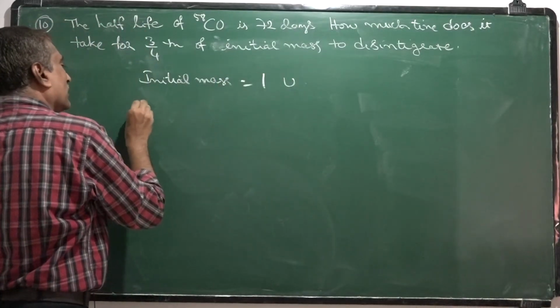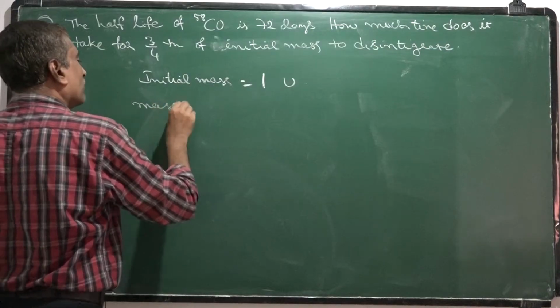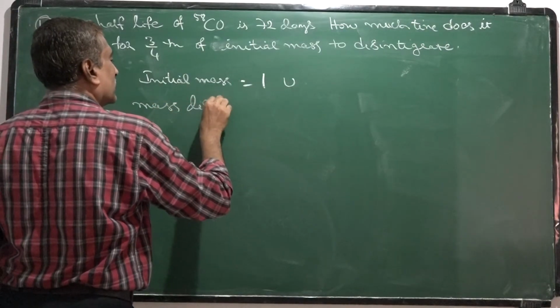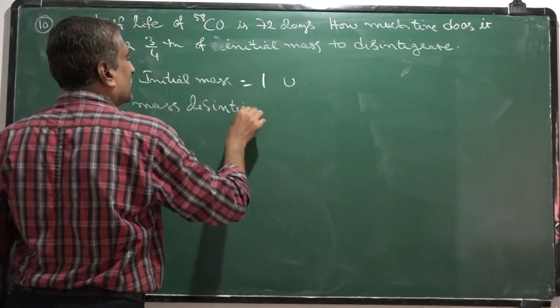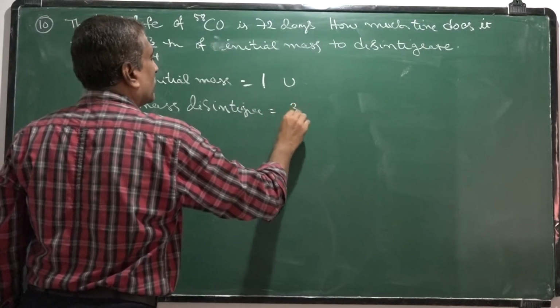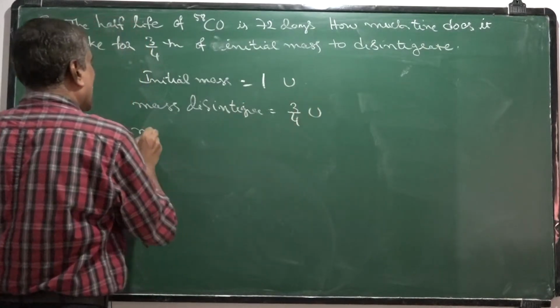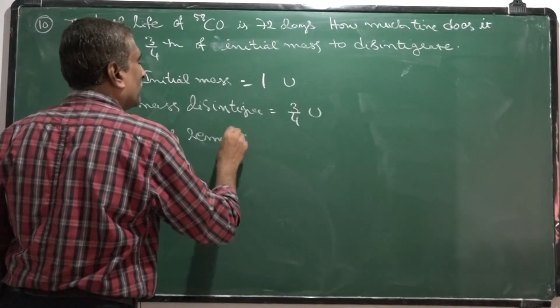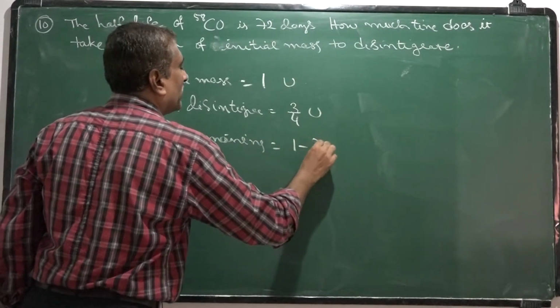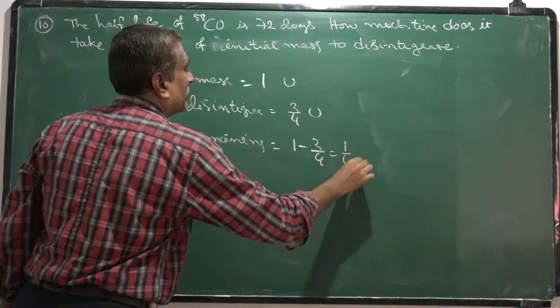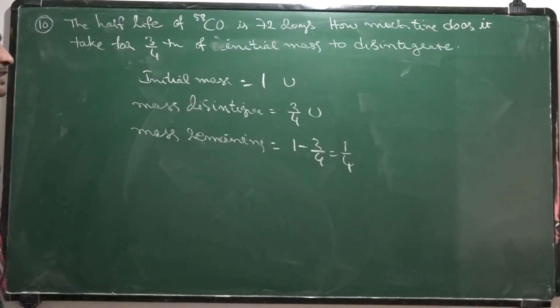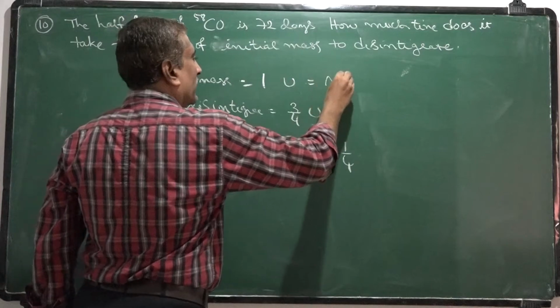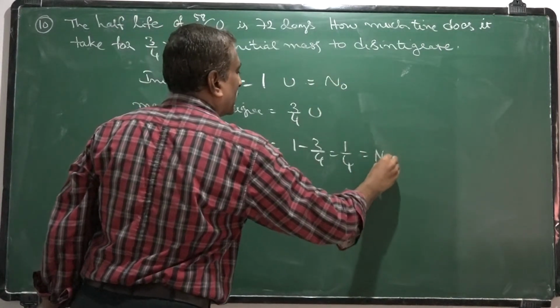Then mass disintegrated is equal to 3/4 of initial mass. So mass remaining is equal to 1 minus 3 by 4, that is 1 by 4. So this is the initial mass N0 we can take, and this is the remaining mass N.